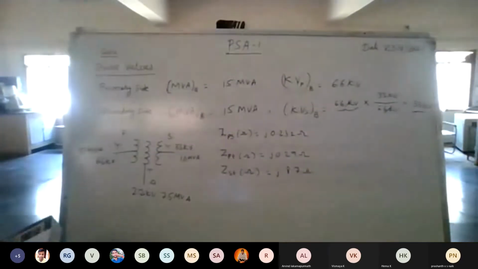So what is the formula for per unit impedance?